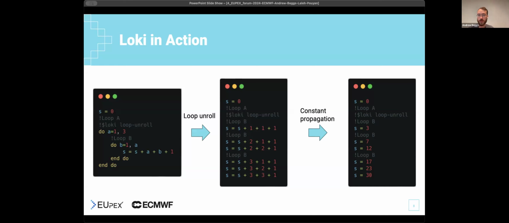Again, you can see I've got these pragmas in place, like this Loki loop unroll. So I could tell it, treat this S to be a 0. And we can use this a lot for our code. It was designed for vector machines way back when, such as the Cray one.